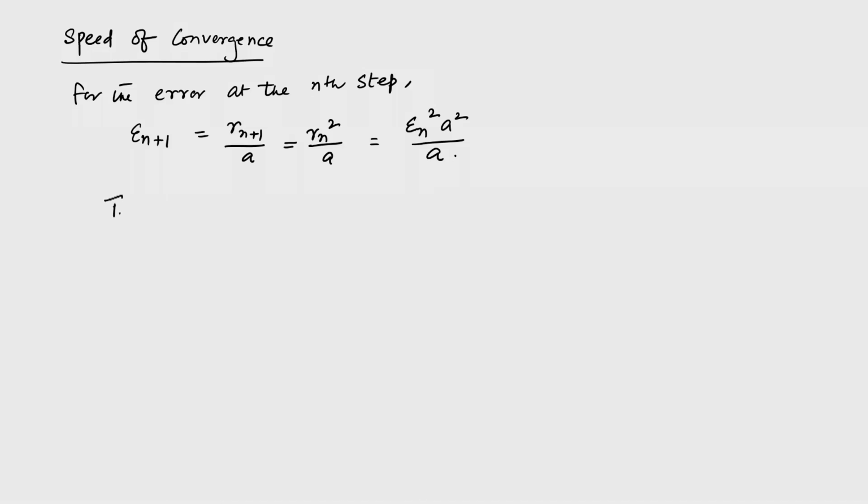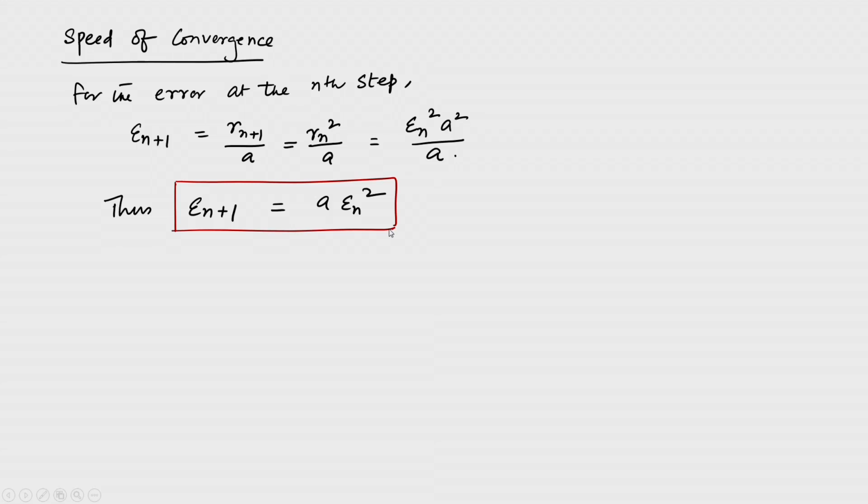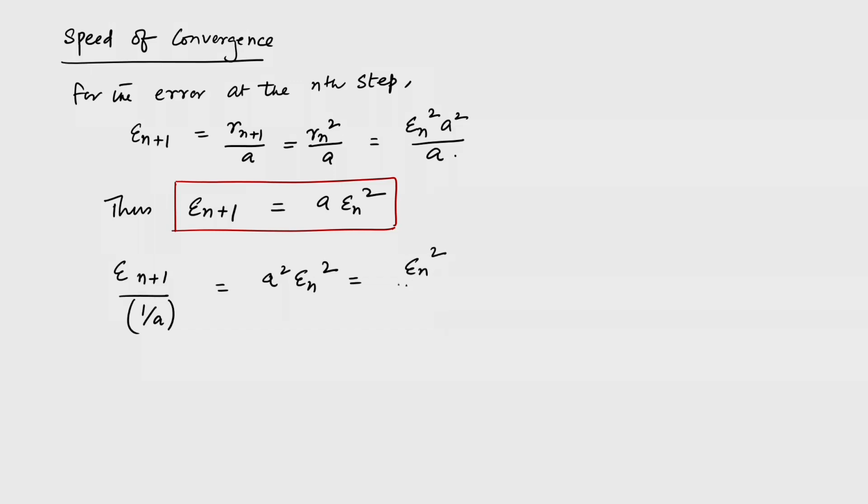Thus, epsilon n plus 1 is simply A epsilon n square. This is the convergence, and in any iterative method we should test the convergence. So, we can simply write this as epsilon n plus 1, it does not matter, of course, it is 1 over A, this is equal to A square epsilon n square, which is equal to epsilon n square divided by 1 by A square, and so on.